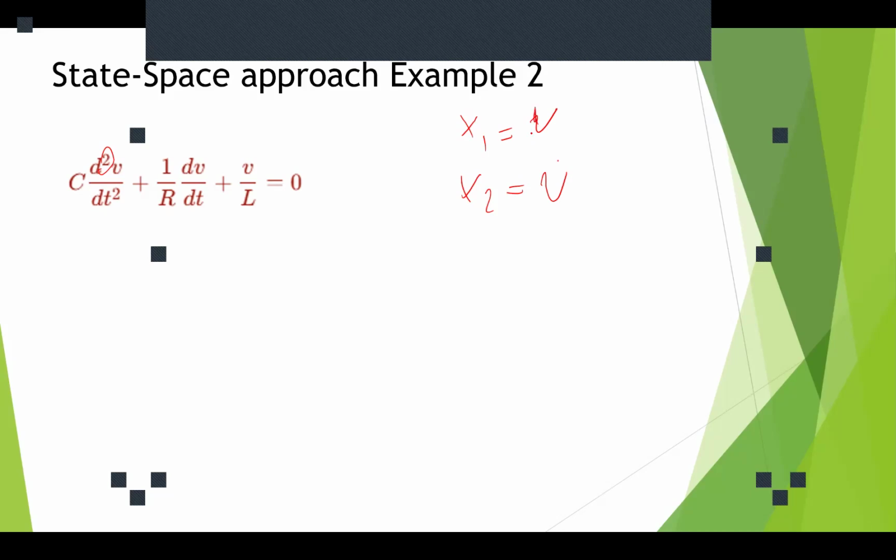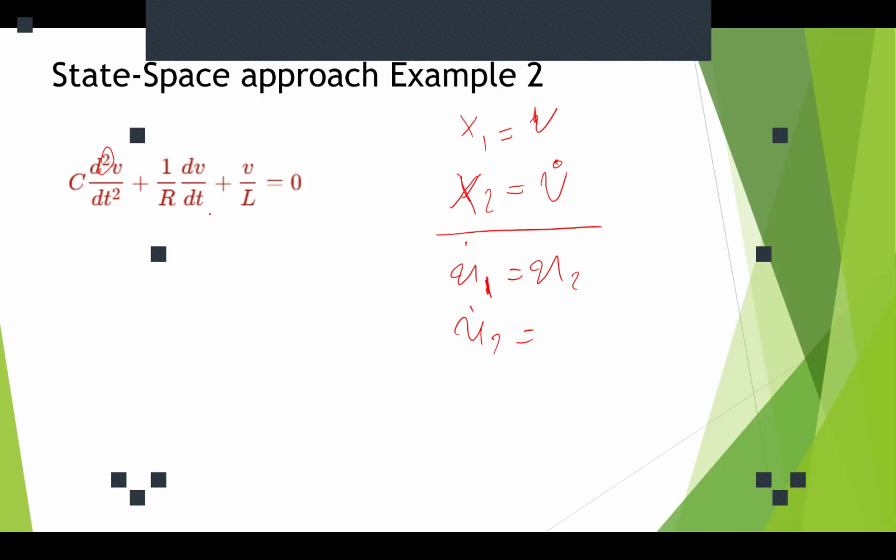Are we good? So now let's see what our x1 dot and x2 dot are going to be. x1 dot is simply v dot. And we know v dot is x2. Correct? Are we good? Now, what about x2 dot? It is going to be v double dot.